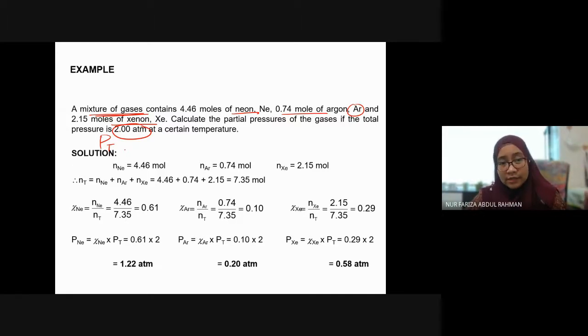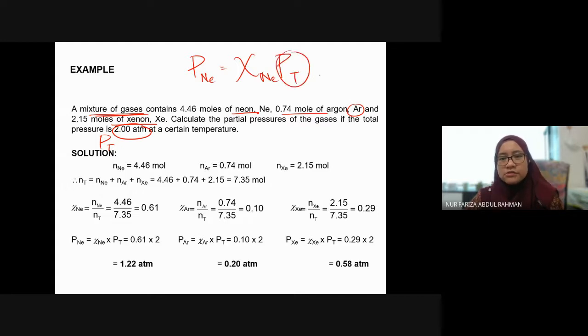Contoh like this one. Okay, we don't have the value for volume, we don't have the temperature. We do have mole. Okay, so yang 3 tu kita tak tahu. So kita memang tak boleh pakai PV and RT. We have to use this one. P neon, for example, mole fraction for neon, okay, times P total.